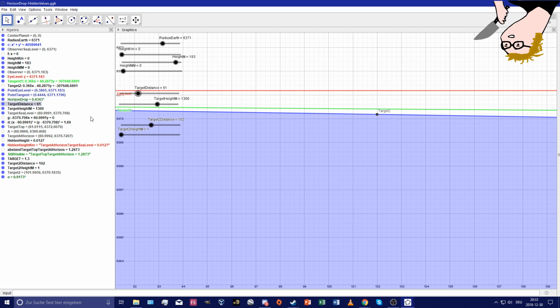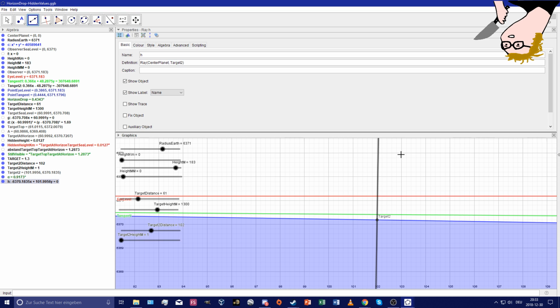So the way we're gonna do this is we're gonna draw another ray from the center of the planet to target 2. I think it has no name, so let's keep it this way.